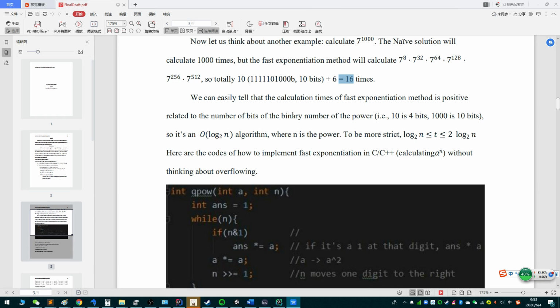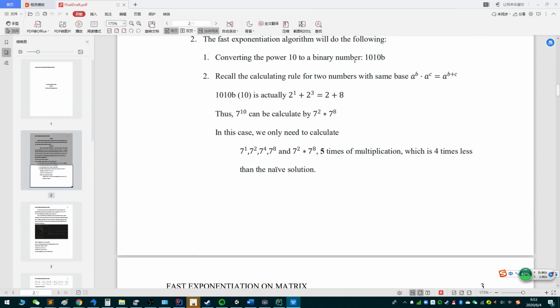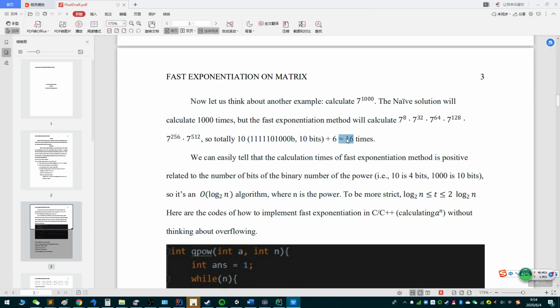So now you will see the huge difference. It's speeding up from 1000 times of calculation to 16 or 15 times of calculations. If you have studied how to analyze the time complexity of an algorithm, if you are a computer science major or you have learned such classes from, let's say, discrete math, you will see that the calculation times for the fast exponentiation algorithm is positively related to the number of bits of the binary number of the power.